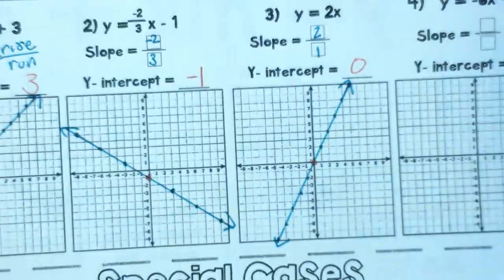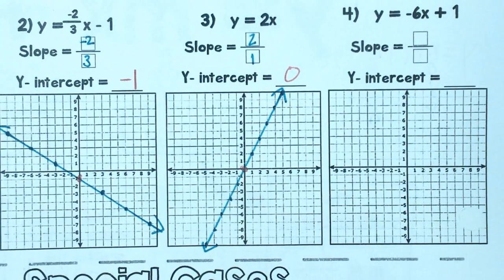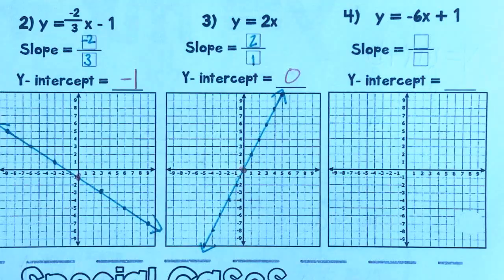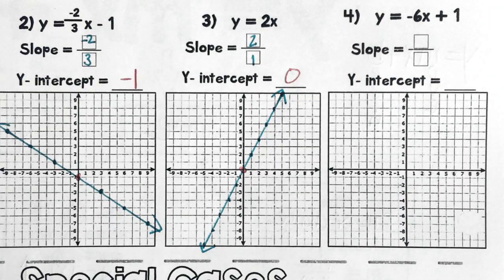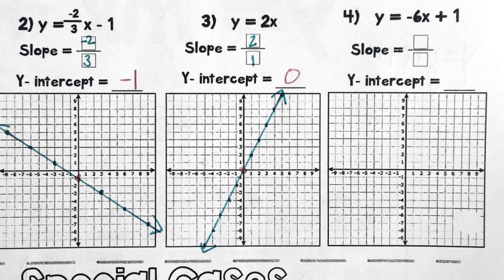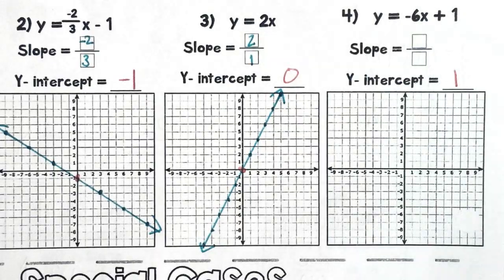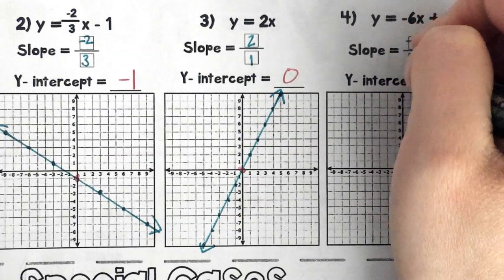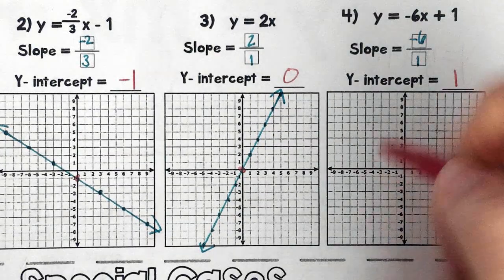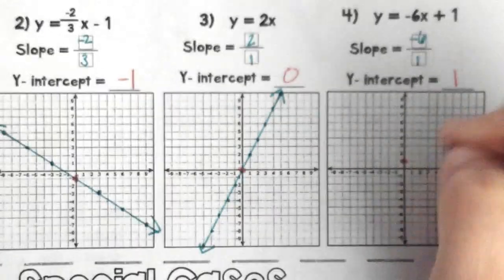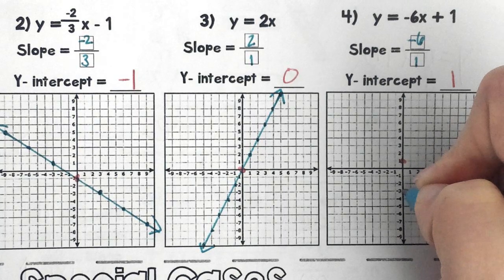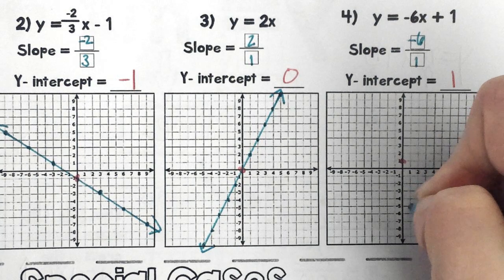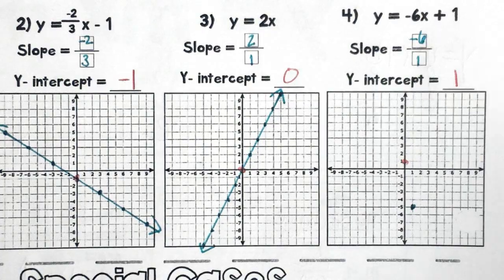I cannot give you a whole lot of time, but I can give you a minute maybe to try number 4 then on your own. So go ahead and try that one. This one actually can only have a total of 3 points because otherwise you're off the graph.